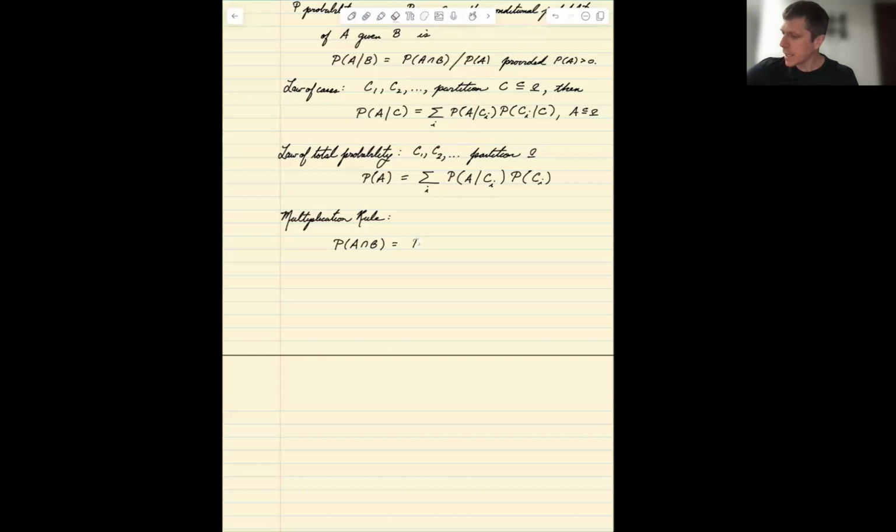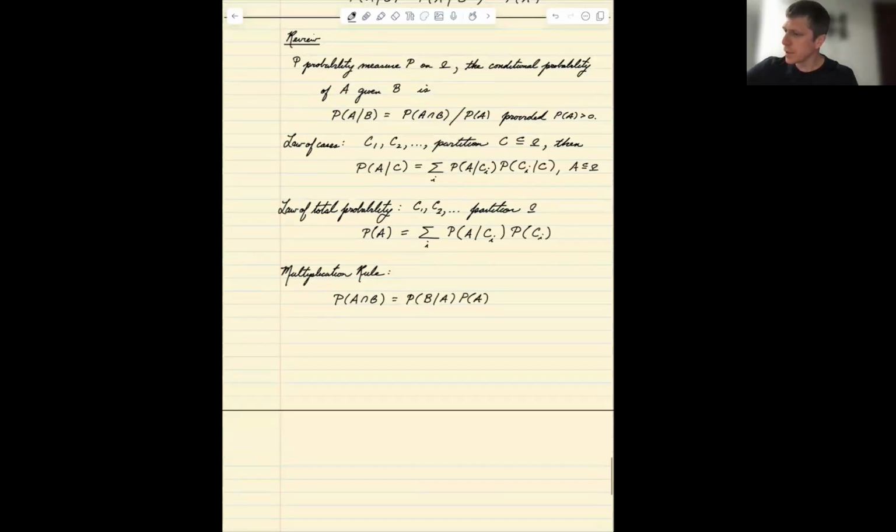And then finally, the multiplication rule, which we get in the case of two events just by rearranging the definition of conditional probability up here.